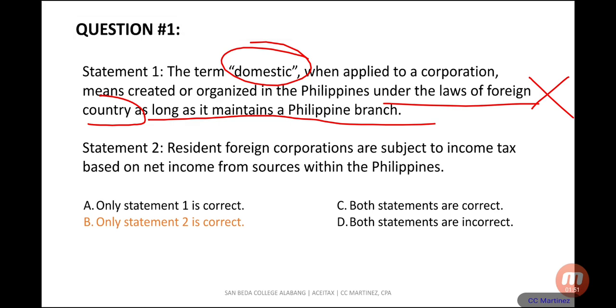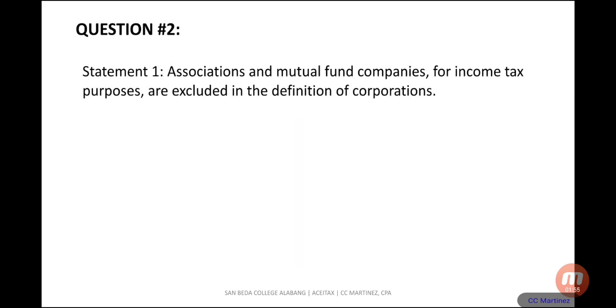So, question number 2. Statement 1. Associations and mutual fund companies for income tax purposes are excluded in the definition of corporations. Statement 2.